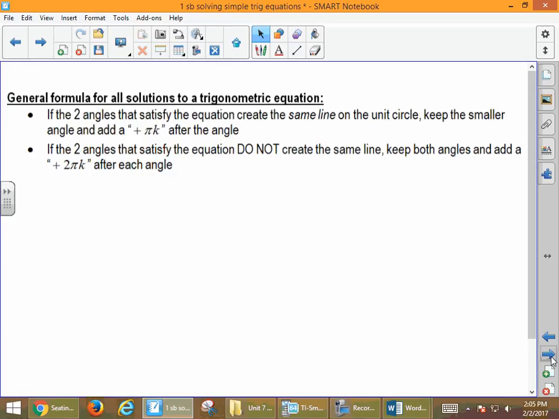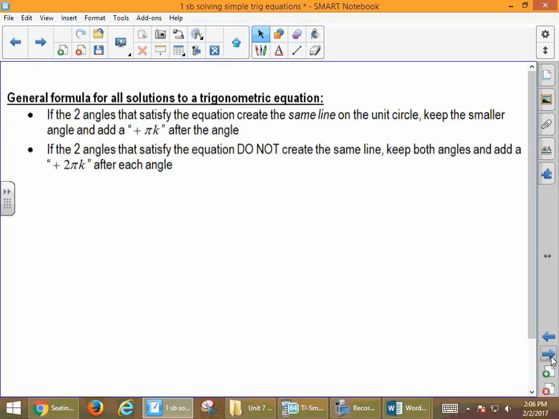The first one says, if the two angles that satisfy the equation create the same line on the unit circle, keep the smaller and add a pi k after the angle. Mr. Jarvis was teaching this lesson this morning, and he referred to it in a really good way. He says, does the line on the unit circle form a diameter?